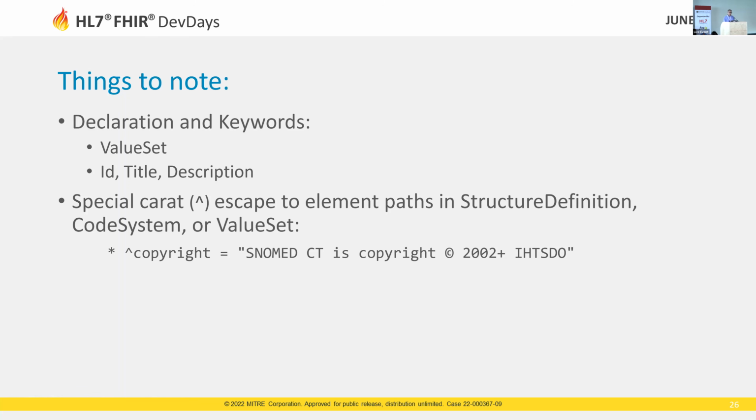And so in this case, the value set copyright appears within that instance of the value set. So the caret is like an escape character that allows you to write things into whatever the parent definitional object is, whether it's structure definition or code system or value set. And that allows you to do anything with FISH that you can do in any other way, even if you were hand editing the structure definition.